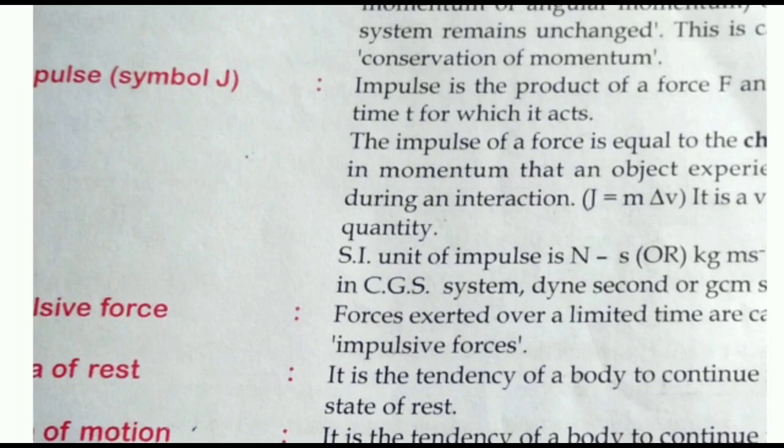That's why the fielder pulls back his hands while catching a fast moving cricket ball. In this situation, the fielder is trying to increase the time to decrease its velocity.